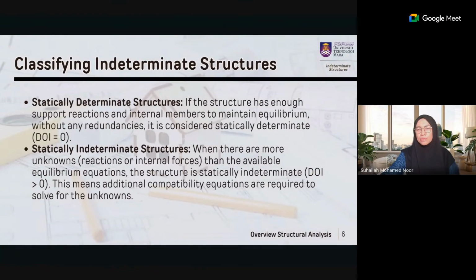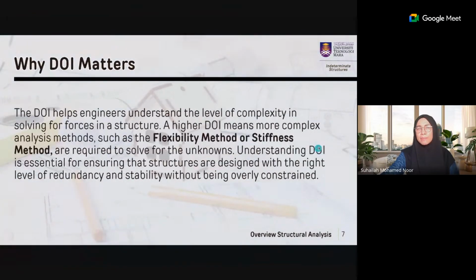It is the direct way to determine the degree of indeterminacy. But for truss, we have to consider the member whenever we calculate DOI. So for truss, we will use M plus R minus 2J. Why is DOI very important? Because it helps engineers understand the level of complexity in solving for forces in a structure, where a higher DOI means a more complex analysis method.